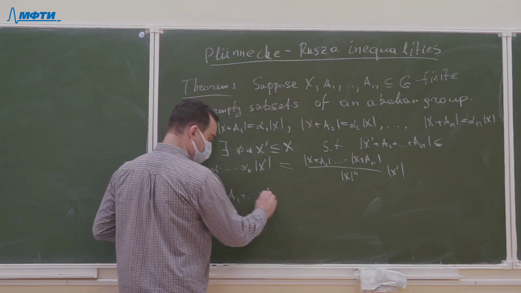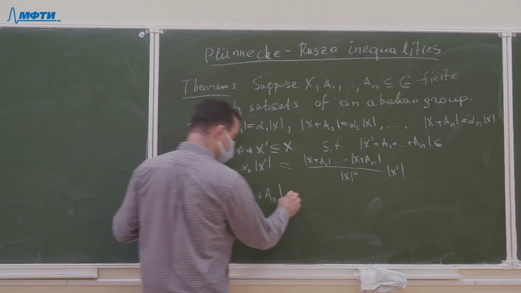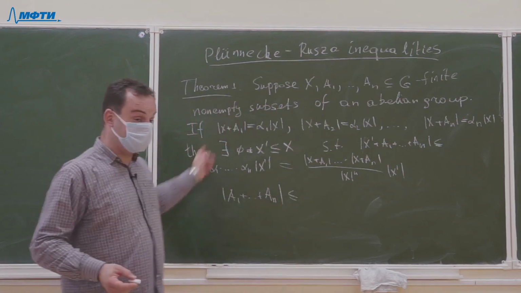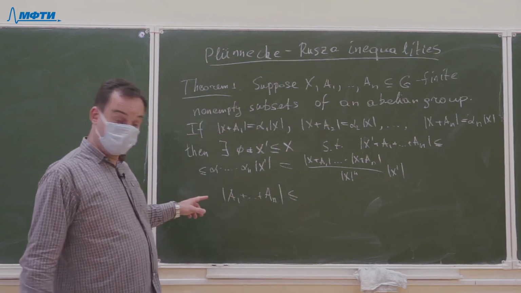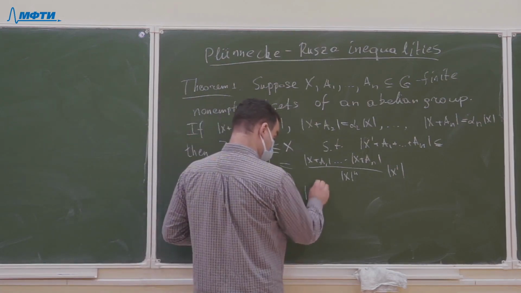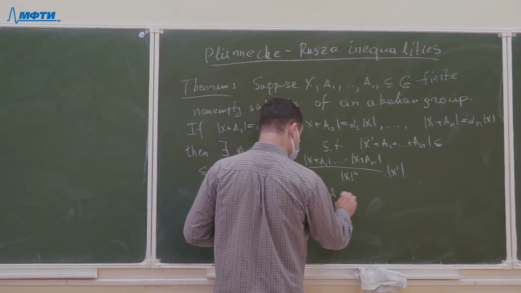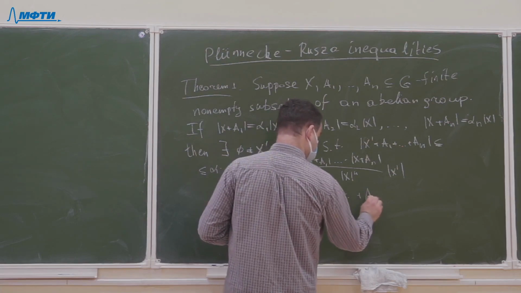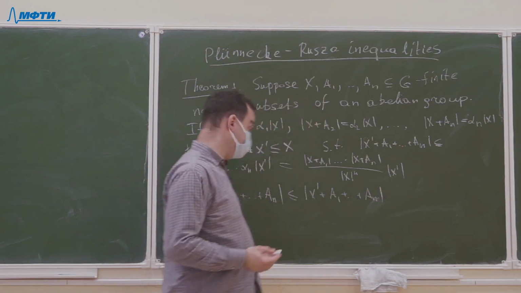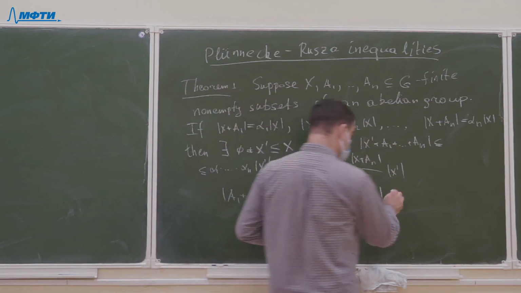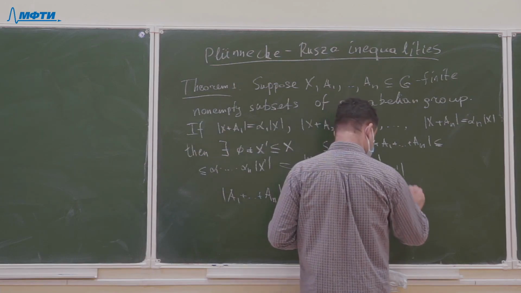Simply we do this: we worsen the inequalities here, and now we use Plunnecke-Rusza.